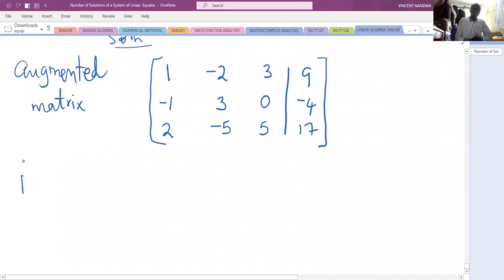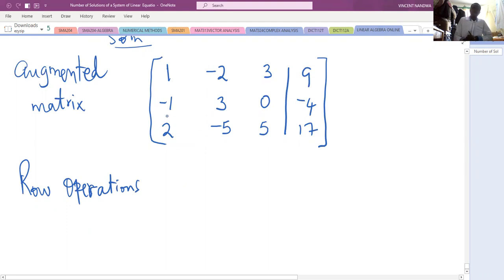Step 2 is what we call row operations, and we do it in 2 steps. First, we use row operations to transform the augmented matrix into row echelon form. And then finally, we still use row operations to transform the row echelon form into reduced row echelon form.